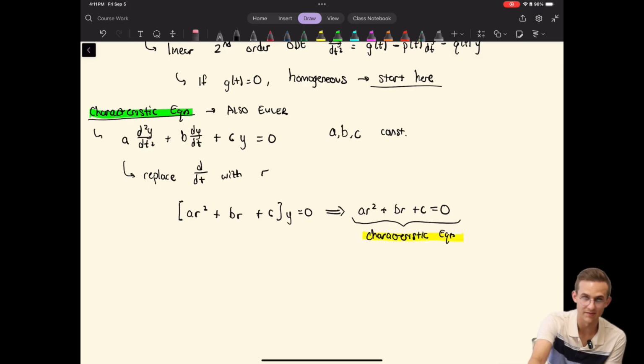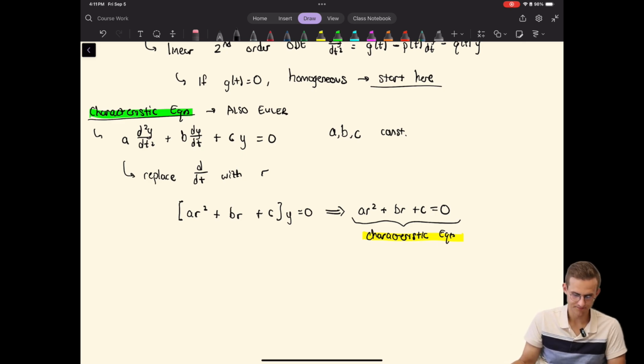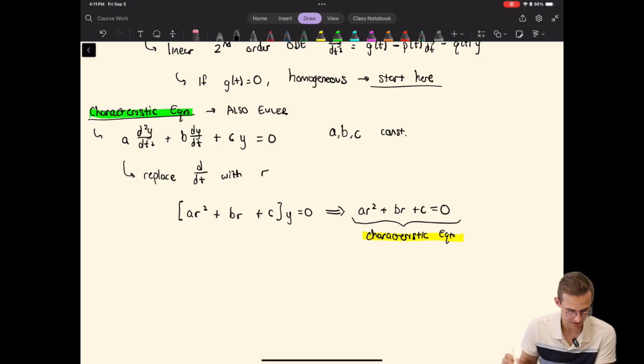There's lots of things in mathematics that are called characteristic equations. I think the equation for the eigenvalues of a matrix is also often called the characteristic equation or characteristic polynomial. So that term is a little overloaded, but in this context, that's the definition.